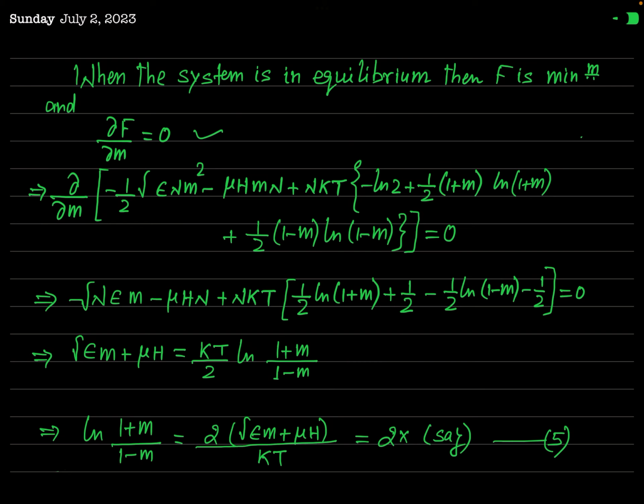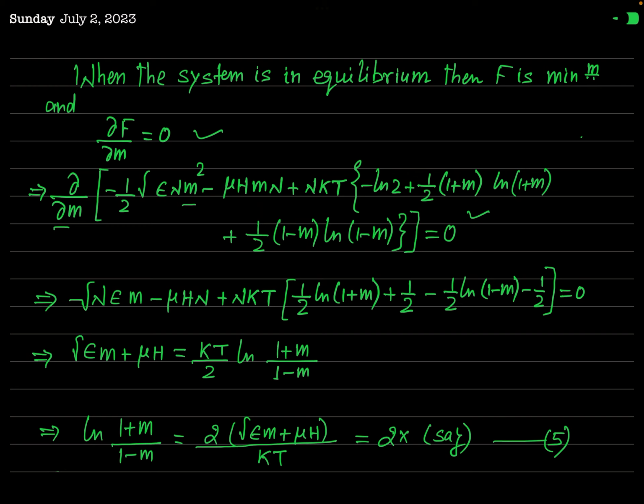Now let us substitute the value of F here. This is del m, and inside this square bracket I have written the expression for F, which you have just seen. Now we will simply differentiate the function inside this square bracket. In the first term the derivative of m square will be 2m, and this 2 and that 2 will cancel out.